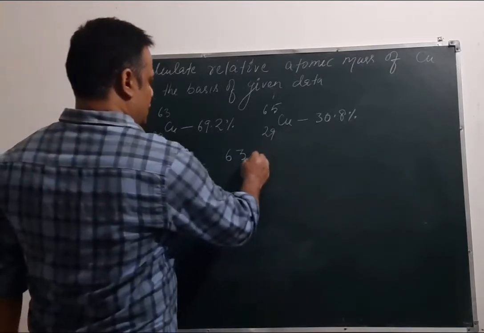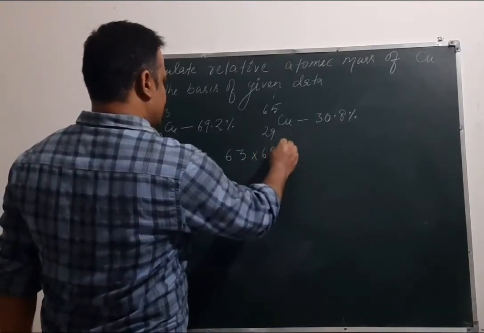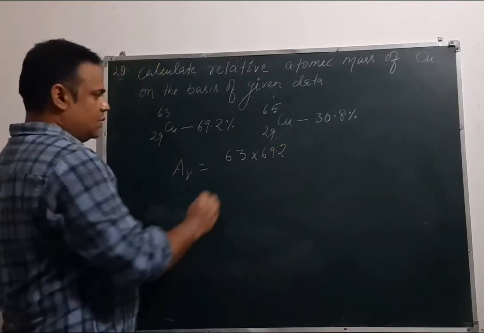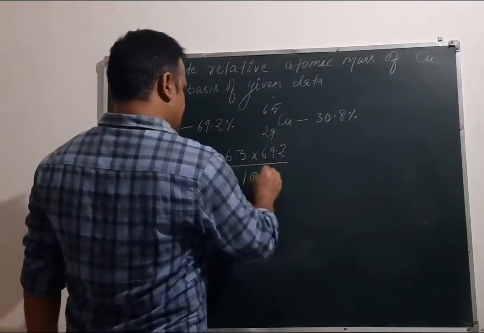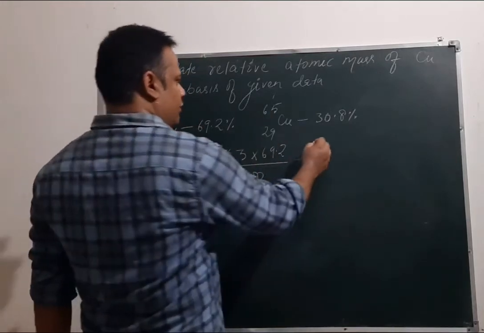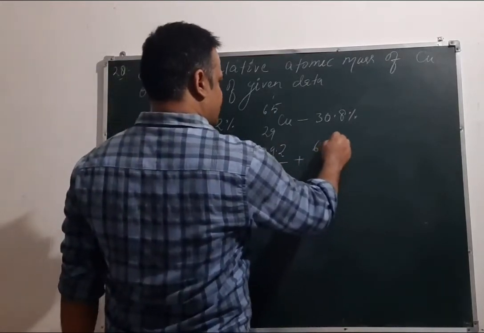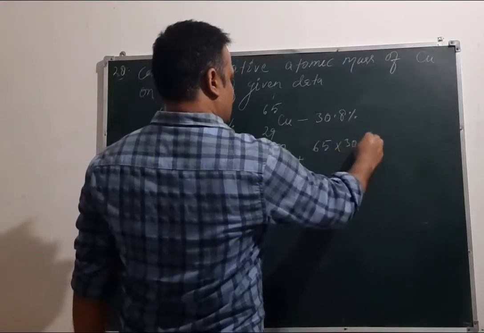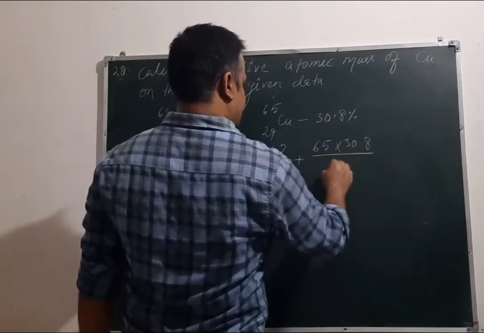So we'll take 69.2% of this mass, divided by 100, and plus here we have 65 29Cu. We'll take 30.8% of this 65, divided by 100.